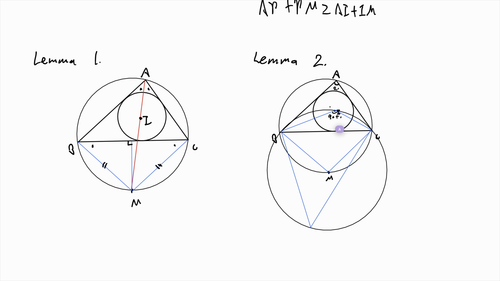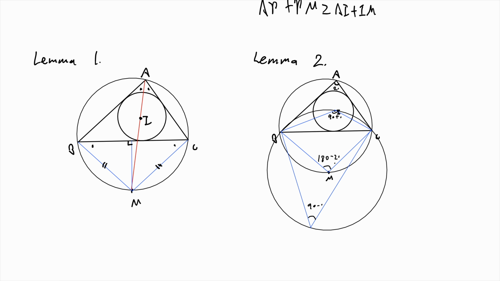BMC is equal to, what is BMC? Let's look at this big triangle. This is 180 minus 2 dot. Let's take a look at this circle right here. This angle is obviously 90 minus that. 180 minus that, which is 90 minus theta, dot.